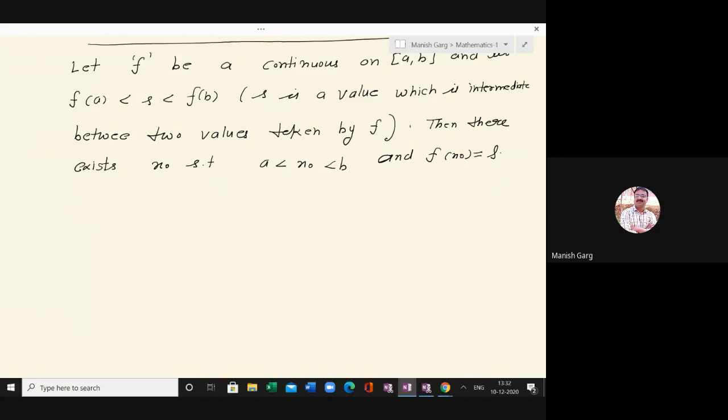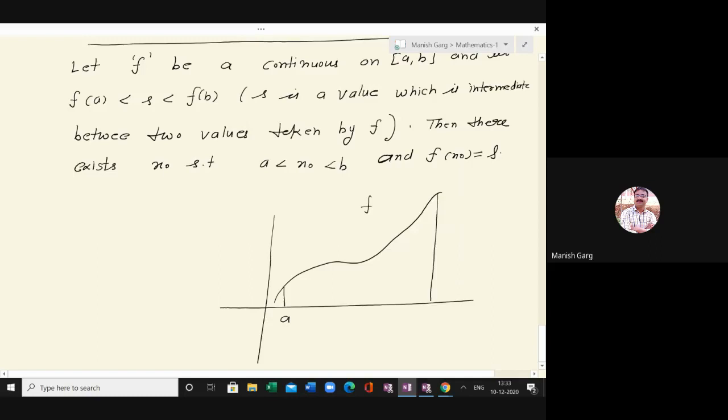Geometrically, I can show you what it's saying. Suppose you have a function like that. This point is a, this point is b, or this is f(a), f(b). You can take negative values also, there is no problem.